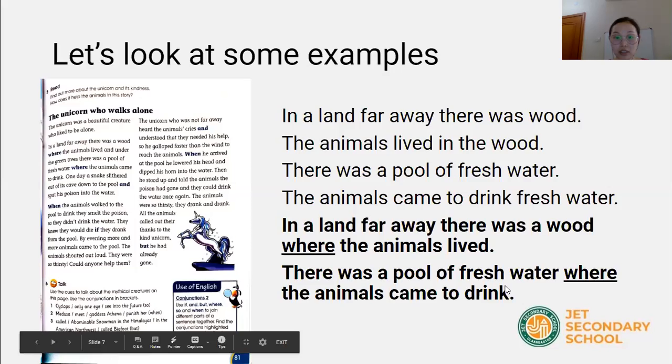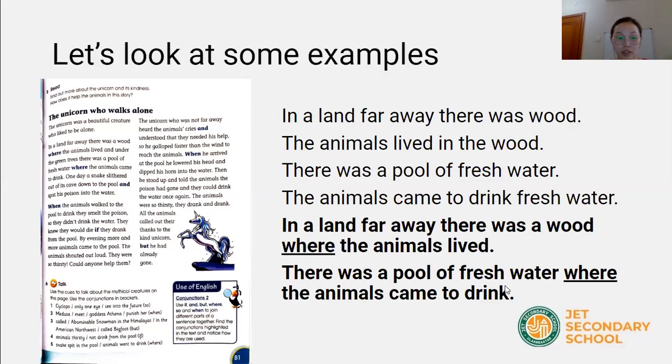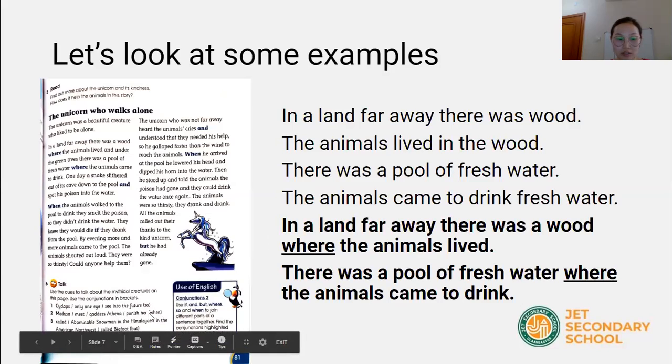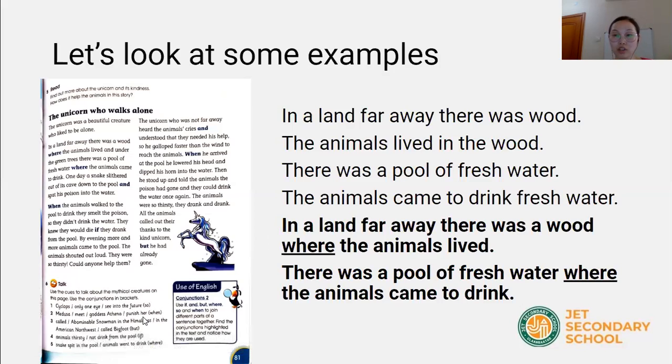Okay, now let's move on to our homework part. The very first homework is on your Learner's Book, page 81. You could do exercise 6. It gives parts of sentences, and you use the conjunctions to make them one full sensible sentence.